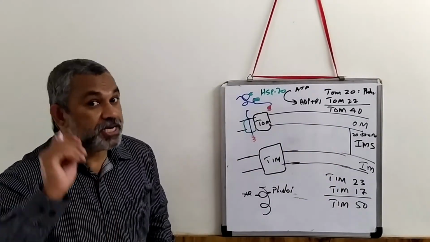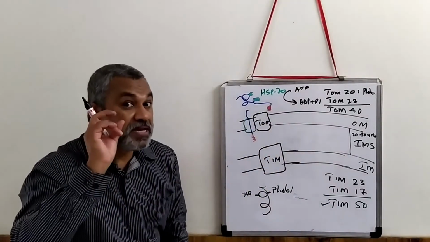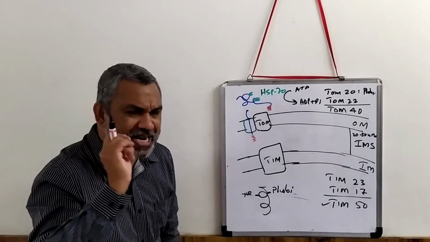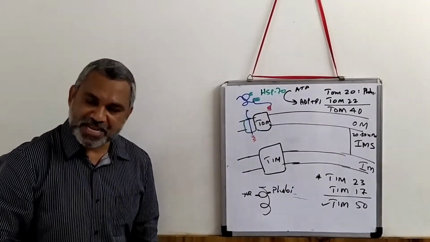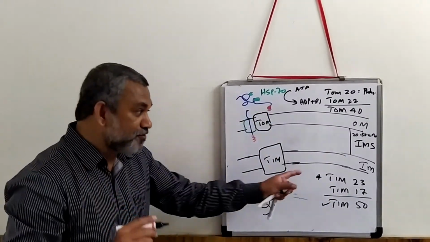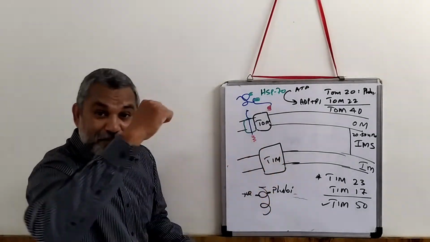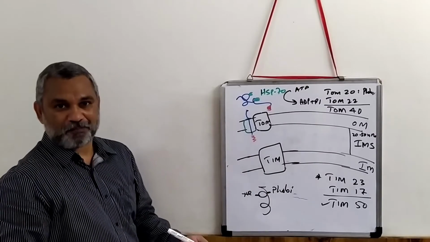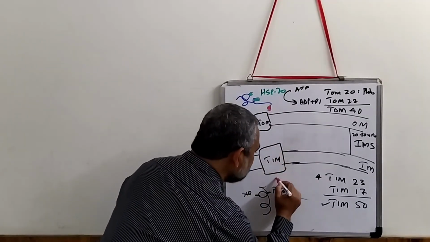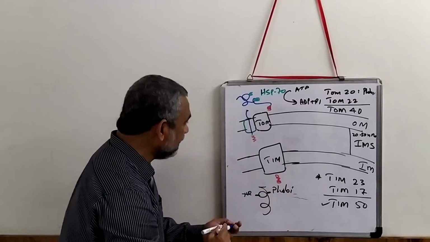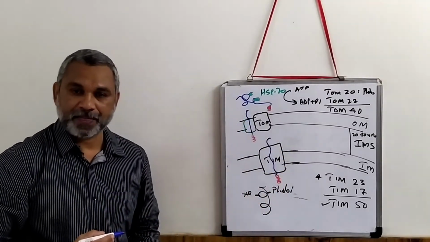TIM 50 identifies, and after TIM 50 identifies, it brings in a structural change, a conformational change in TIM 23. This conformational change will allow this particular protein to pass through. So you can see that the signal comes here, the signal is routed here, and the protein is allowed to pass through.